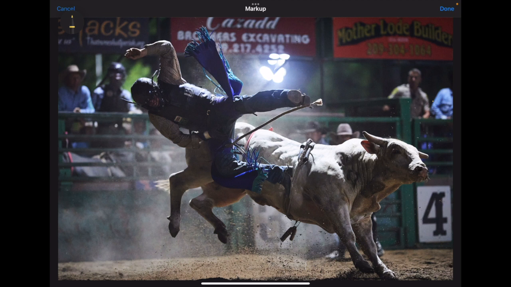So you can see how bright this part is, and then the very head of the bull here, and then this part of the cowboy and like his helmet, right? That's because that light is coming straight down onto them. The problem here is that this isn't going to get me good pictures from shooting from here. It's just not.